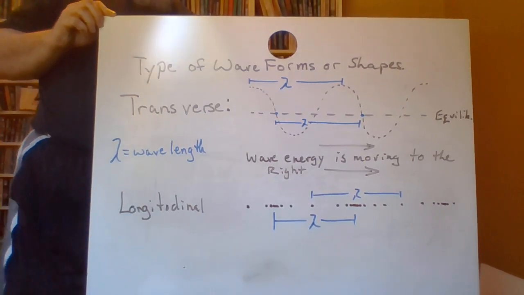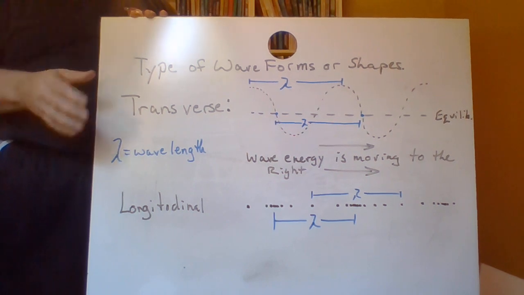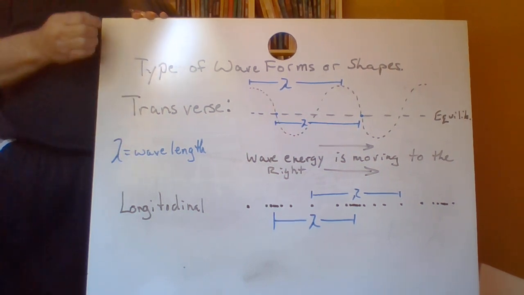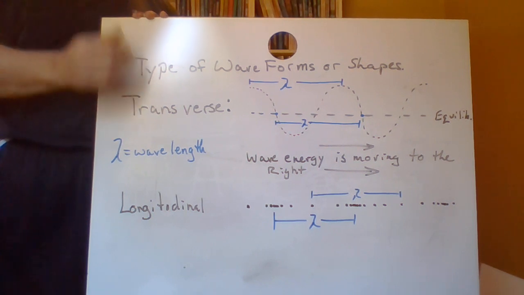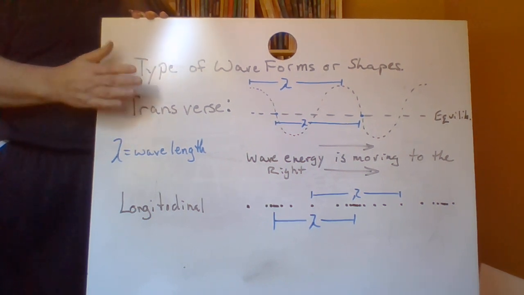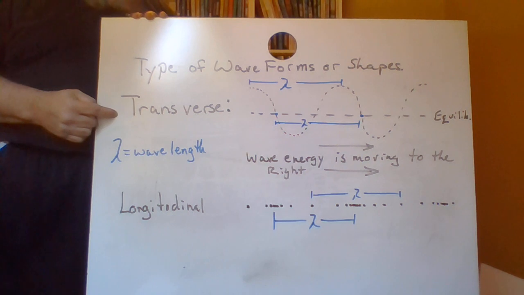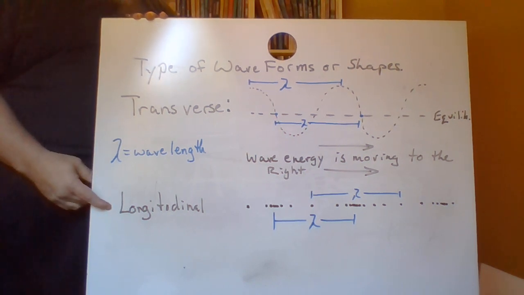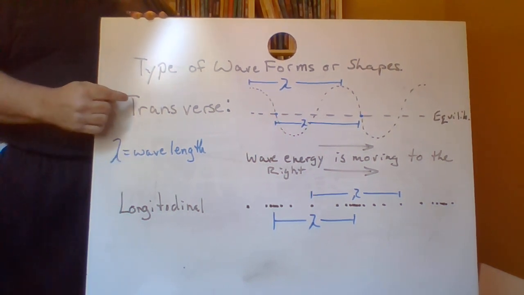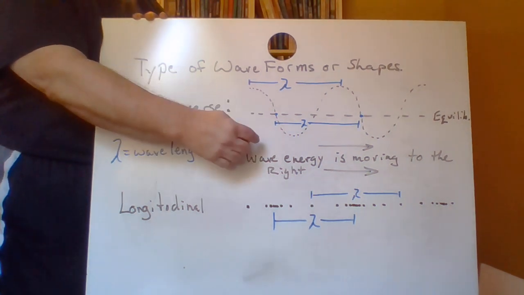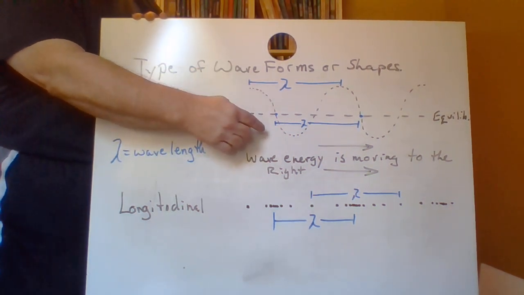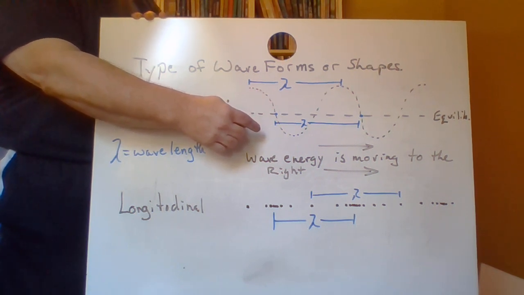Okay, the most common waveforms, the most common way that waves vibrate the medium are either transversely or longitudinally. A transverse wave is a wave that vibrates the medium across the path of travel.